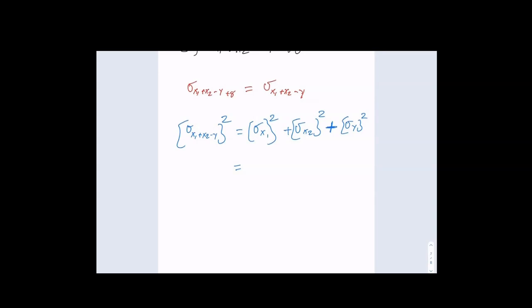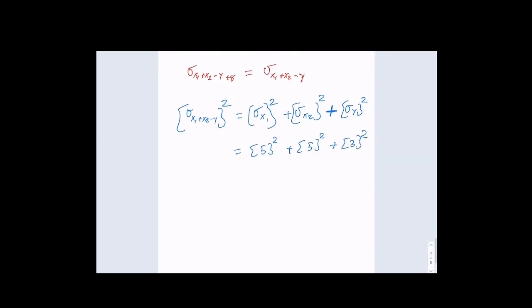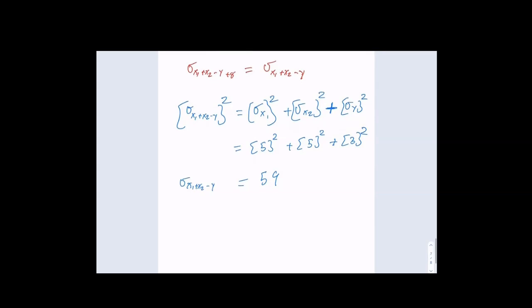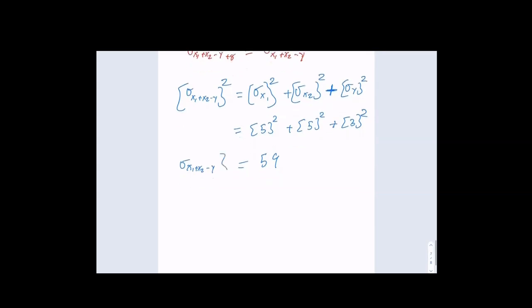And actually, typically, I do that. So this is 5 squared plus 5 squared plus 3 squared. That's 25 plus 25 is 50 plus 9, so I get 59. So the standard deviation of x1 plus x2 minus y squared is 59. So that means my answer is what?